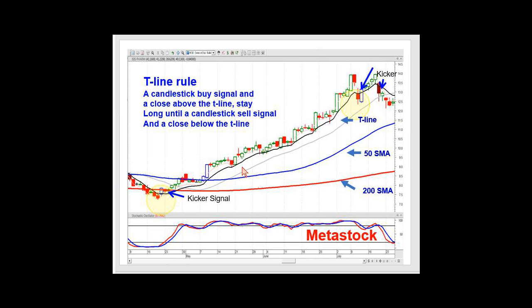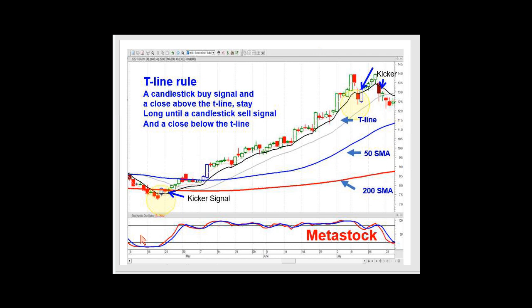But when I added the T-line, I discovered that if you just use that rule, you keep yourself in positions where you're not making decisions because you think you should be taking profits, because you sure would look stupid if you let that profit go back to being a loss.